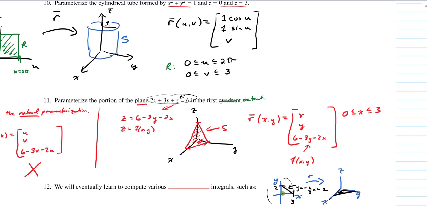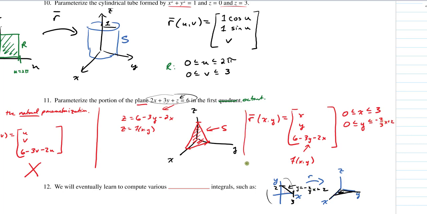And the y coordinates, we don't say between 0 and 2, we say between 0 and whenever we hit that line. So we've got 0 less than or equal to y less than or equal to negative 2/3 x plus 2.